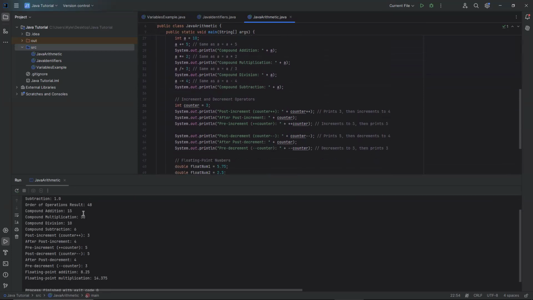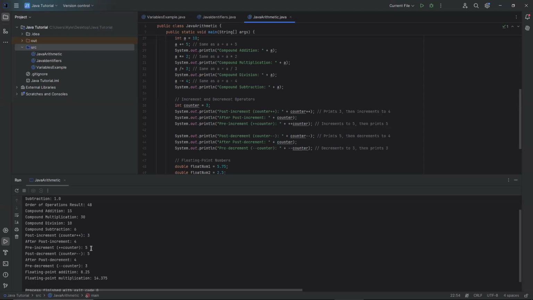And then increment and decrement operators, as you can see here, post-increment prints 3, then increments to 4. Here, after the post-increment, it just prints out the 4. Pre-increment prints 5, because it increments first, then prints it. So that's probably a good way to think of the placement of the plus signs.